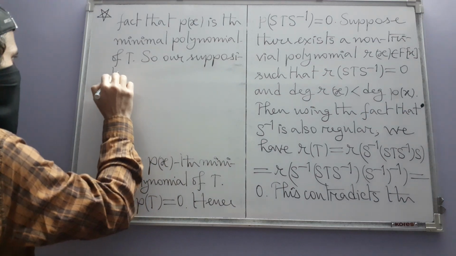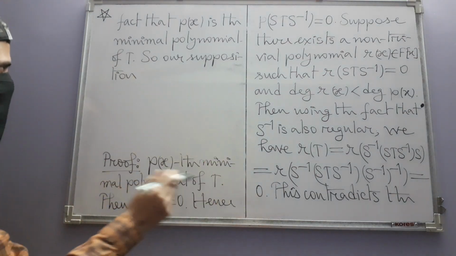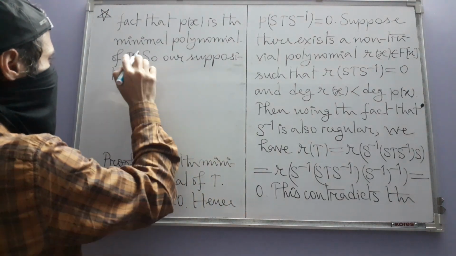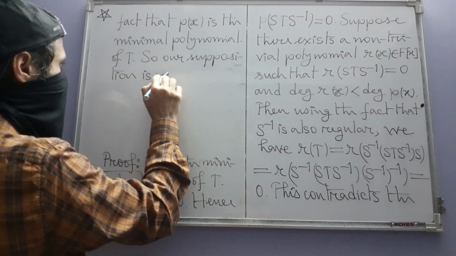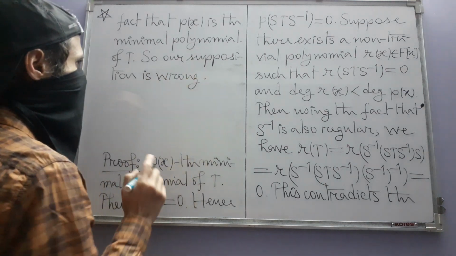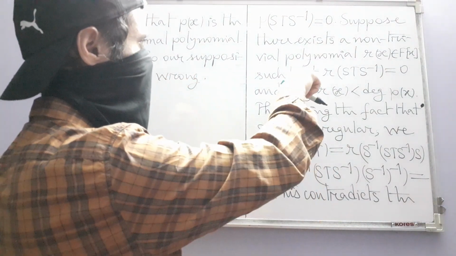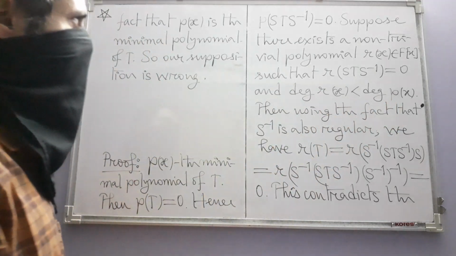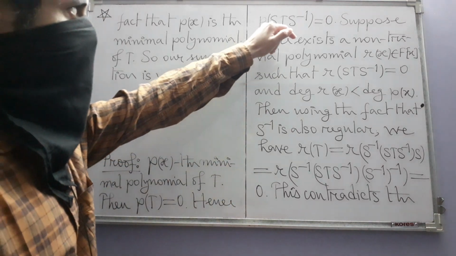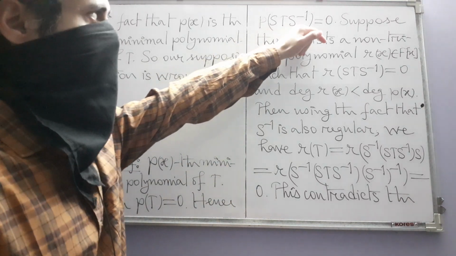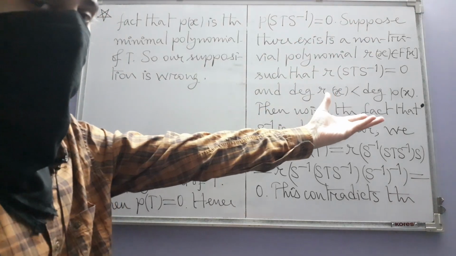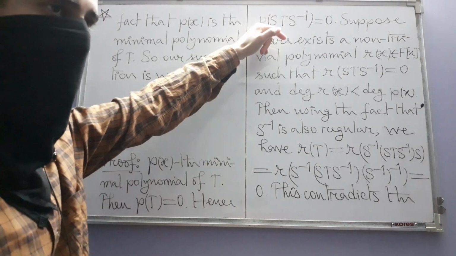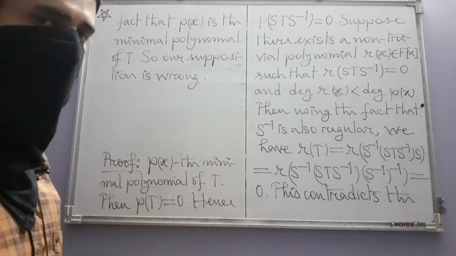I said I won't write a formal proof, but I ended up writing many things. But anyway, we have got the idea. That's what matters. The supposition is wrong. That means no non-trivial polynomial whose degree is less than the degree of P(x) can annihilate T, and that is why P not only annihilates STS inverse, that's the operator now, but it is in fact the polynomial having the minimum possible degree to do so.